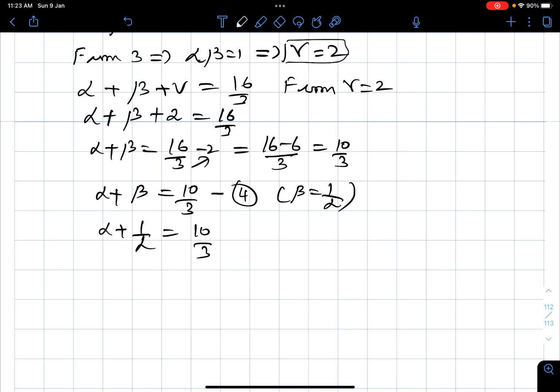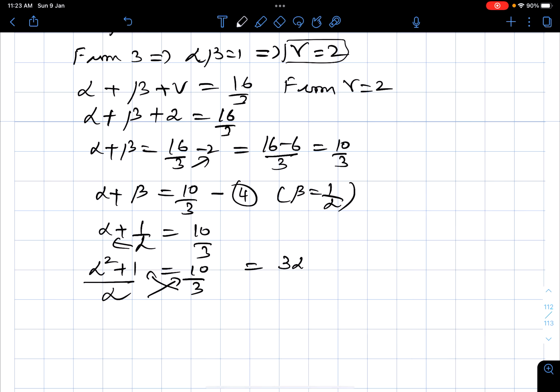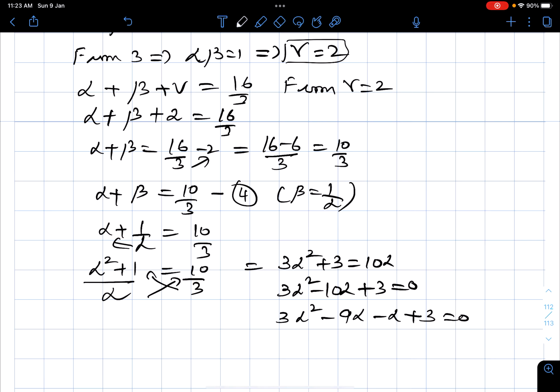So taking alpha as LCM, you will get alpha square plus 1 by alpha equal to 10 by 3. Now cross multiply both the sides, you will get 3 alpha square plus 3 equal to 10 alpha. Bringing it to the same side, 3 alpha square minus 10 alpha plus 3 equal to 0. So when you factorize this, 3 alpha square minus 9 alpha minus alpha plus 3 equal to 0.